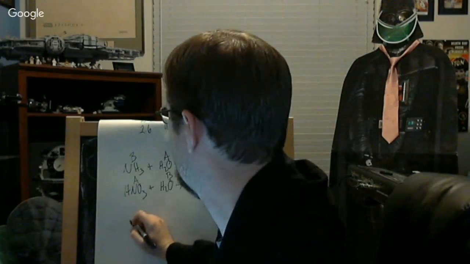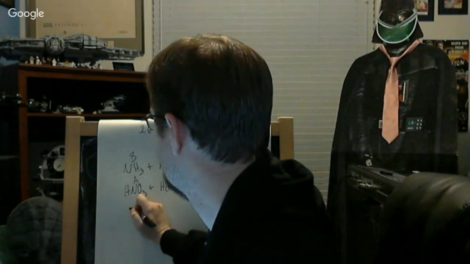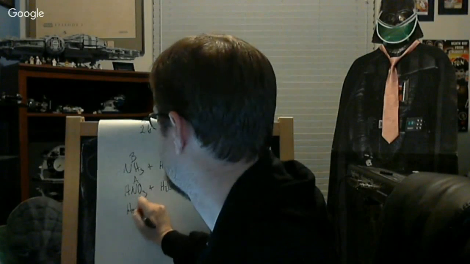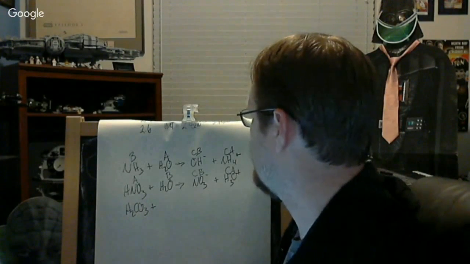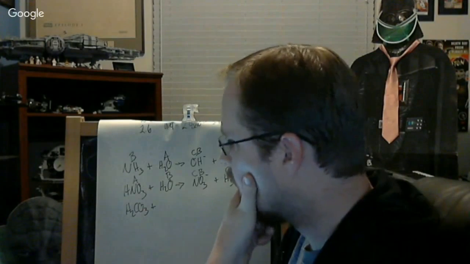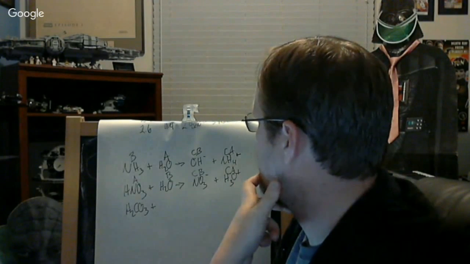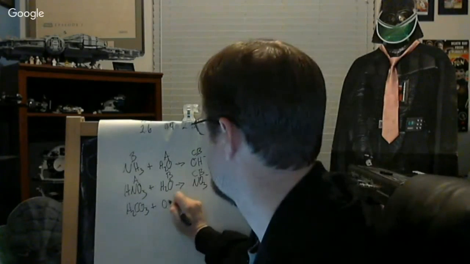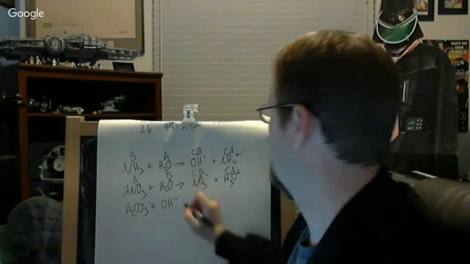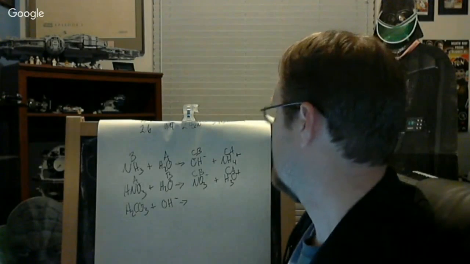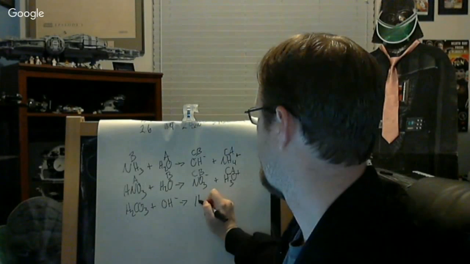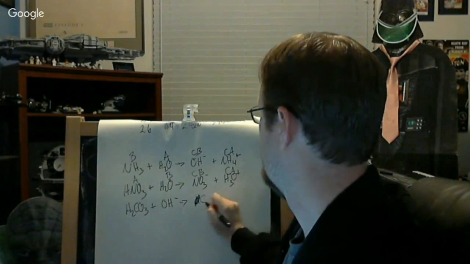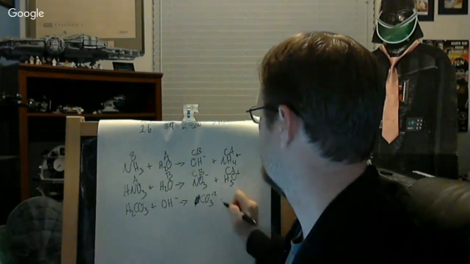Let's say we have H2CO3 plus OH minus, which on the other side will give us, hold on, CO3 with a charge of -2.